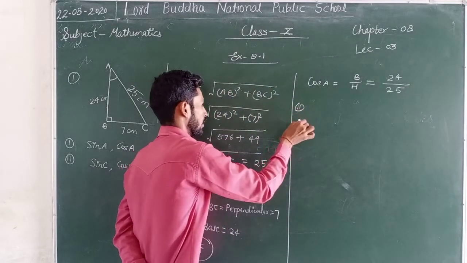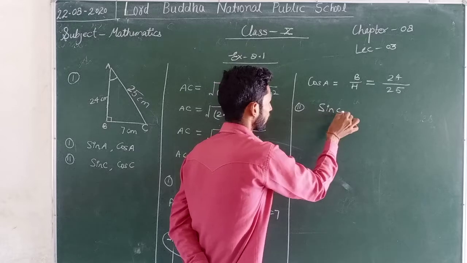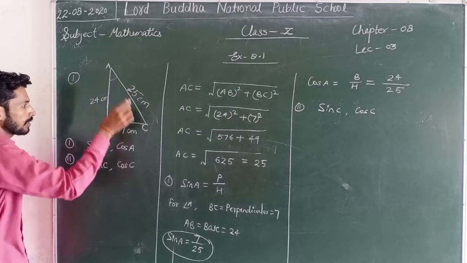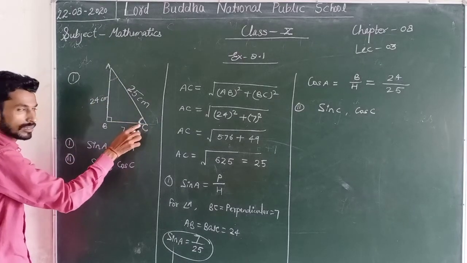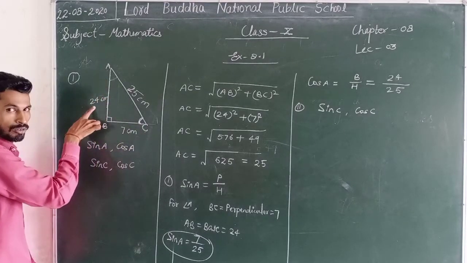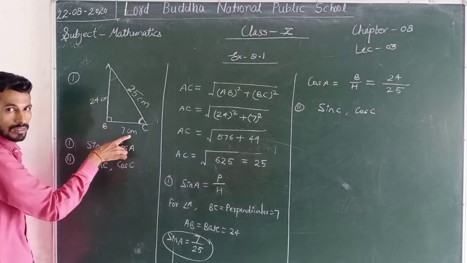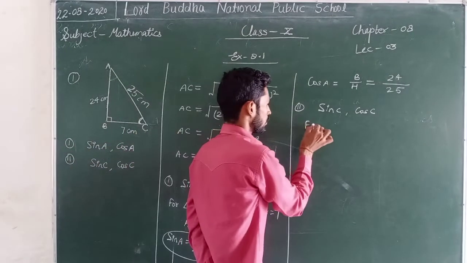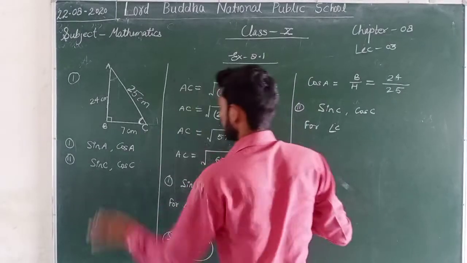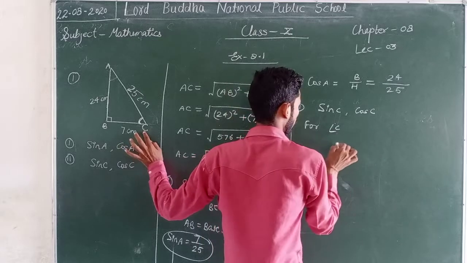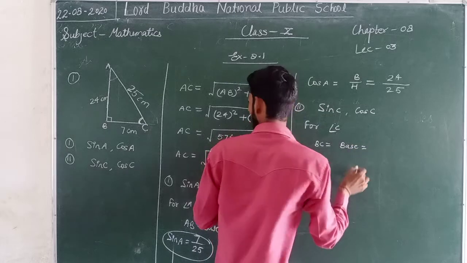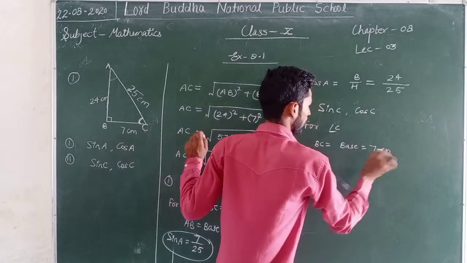In the next question we have to find sin C and cos C. If we take this angle, that is angle C, AB is the perpendicular and BC is the base. For angle C, BC equals base, and the value of base is 7 centimeter.